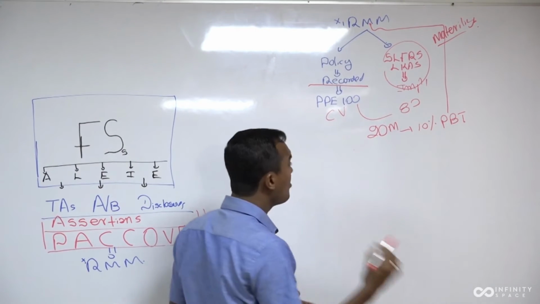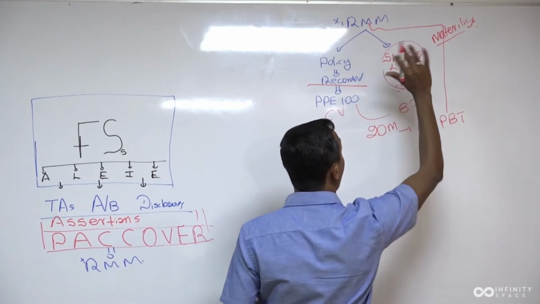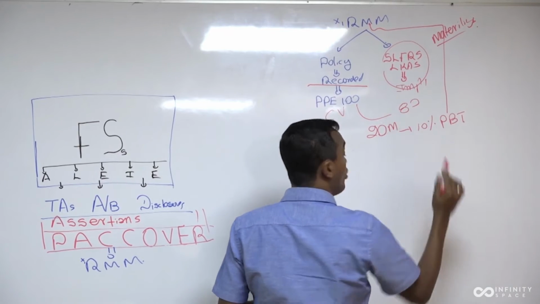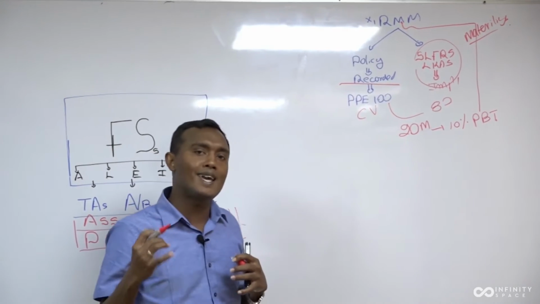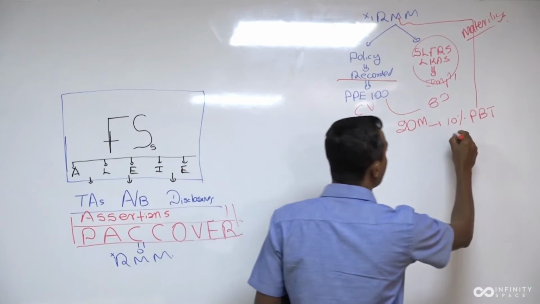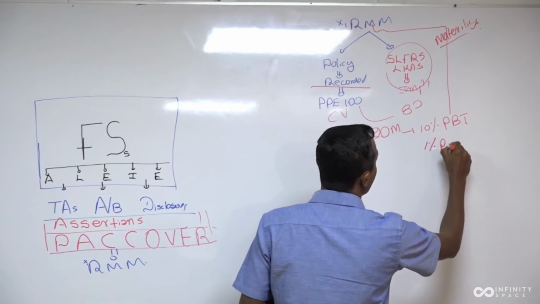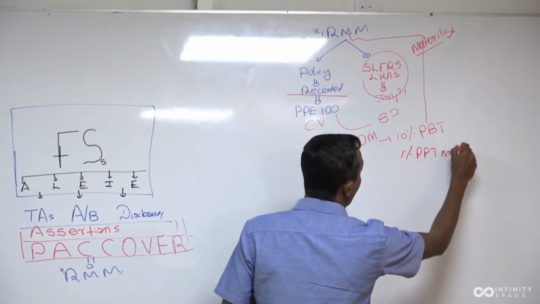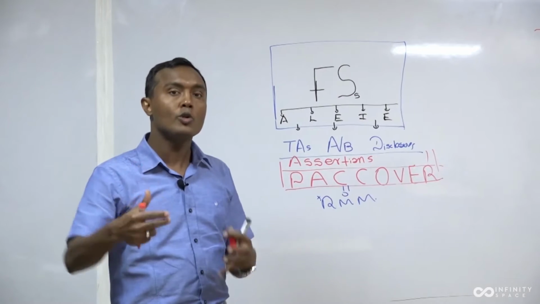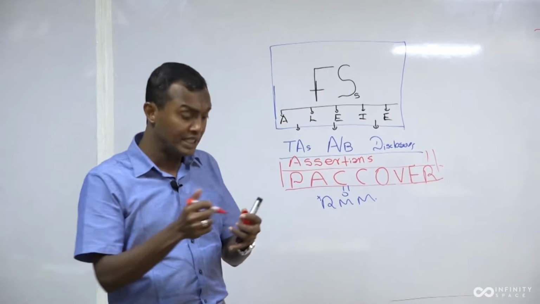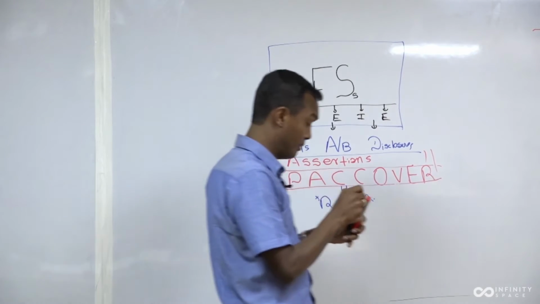Then I said 20 million is 10% of PBT and it is material. If I change this and say that the impact is 1% of profit before tax, then I will say this is not material. Now you are understanding what is materiality, which you must know in your syllabus, right?